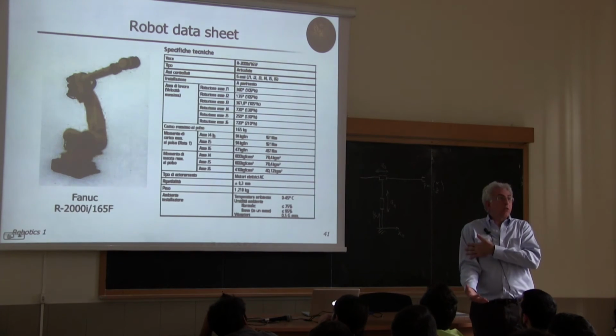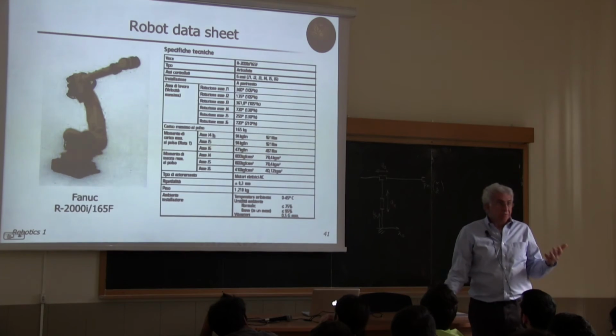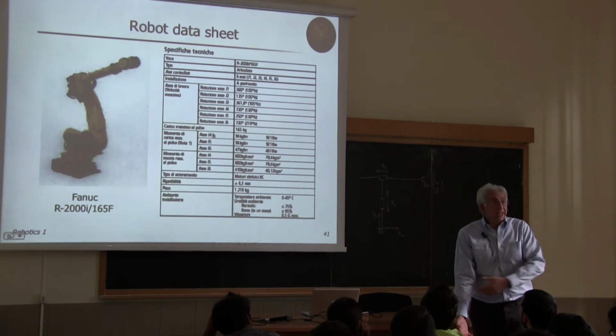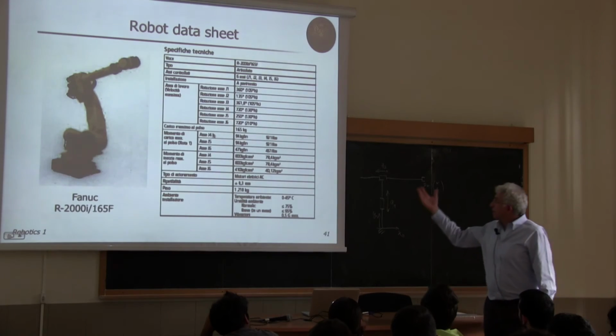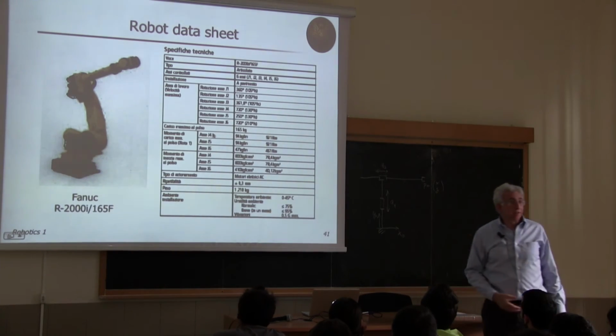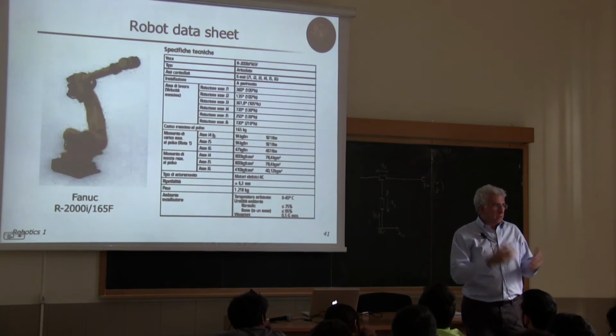If we compare to our arm, which weighs, I don't know, 15 kilograms, certainly it can lift its own weight, and even much more. So why is that? Why do you have this kind of massive construction and such a small payload?